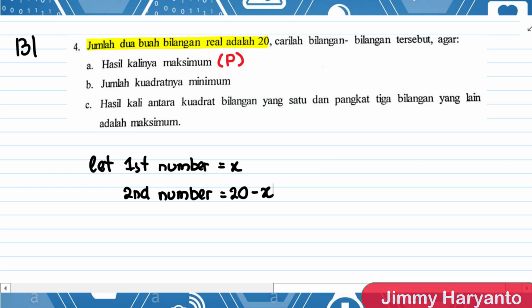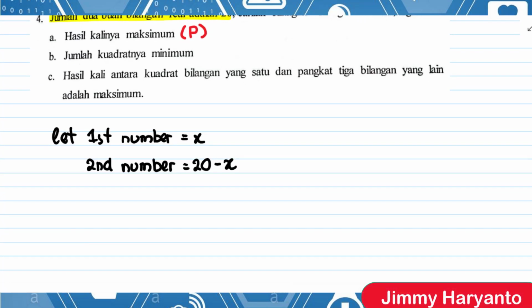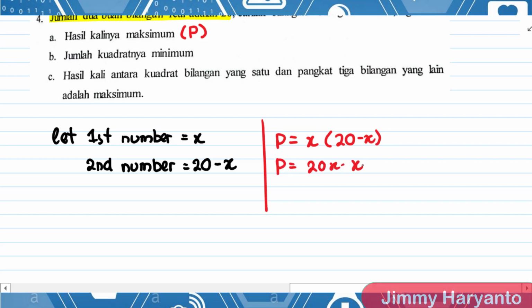Okay, next is the hasil kali, the product. The function of the product will be the multiplication of the first number times the second number. So I will have p equals to 20x minus x squared, and this one is the equation of the product. And then after that, we can find the result of the maximum product using the stationary point.